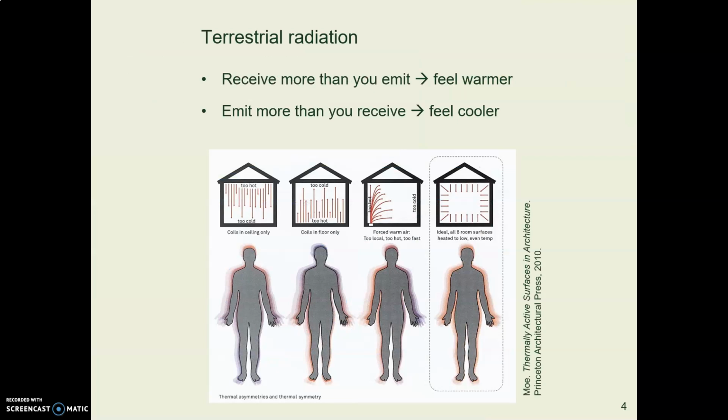And how this affects you as a designer is if you are in a room where you are getting more radiation than you give off, you're going to feel warmer. So for example, it might be a cold day, but you're in a room with a stove or a nice steam radiator on the wall. You're going to feel warm even if the air is cold. And if you're giving off more radiation than you get, you're going to feel colder.